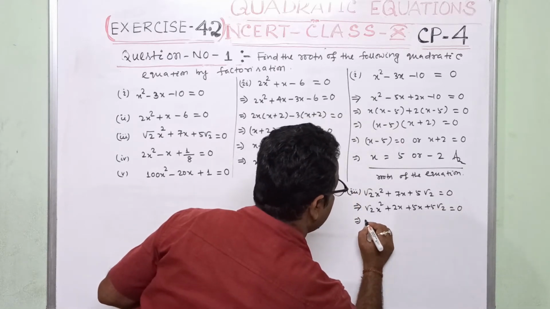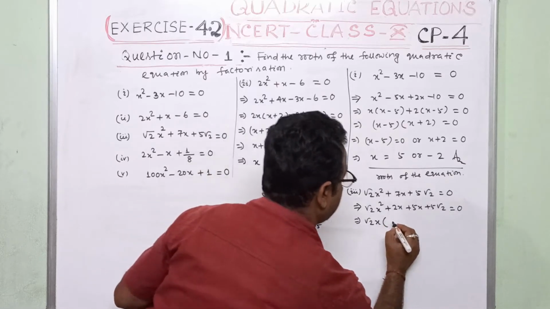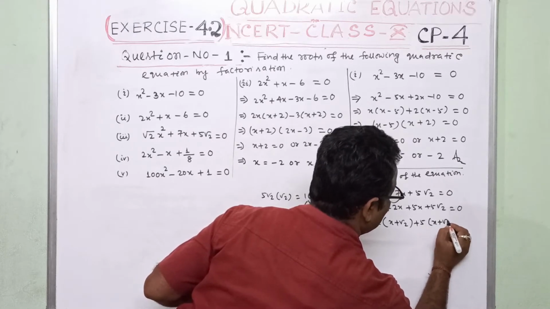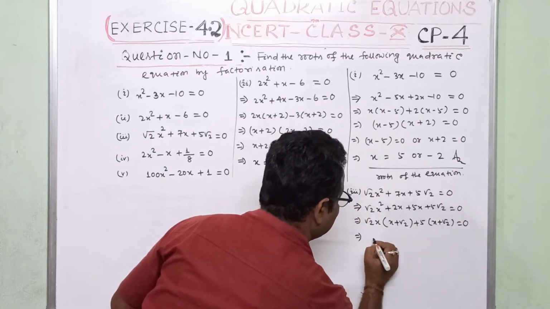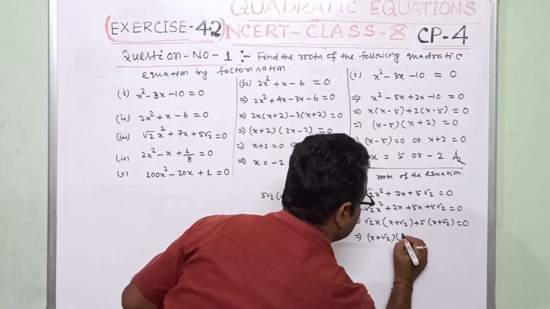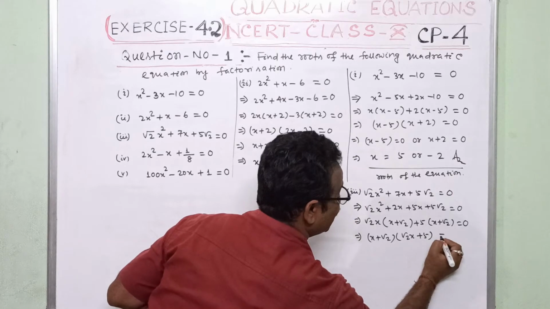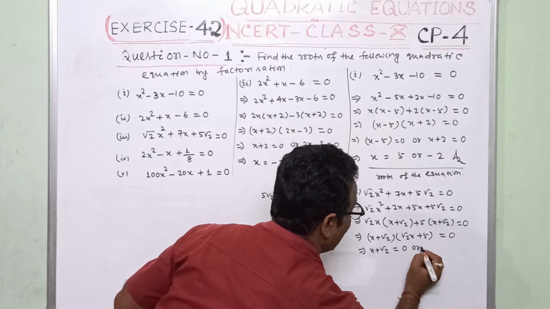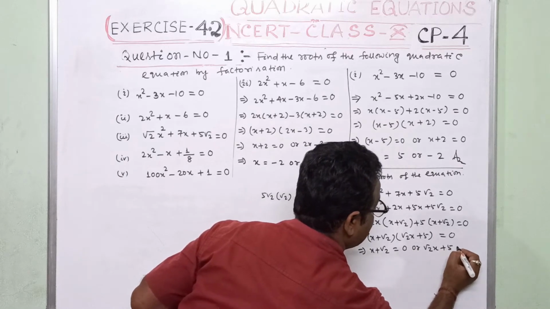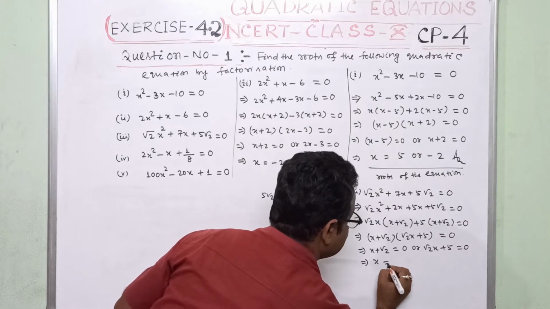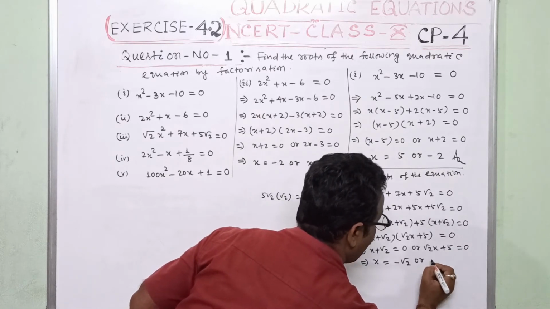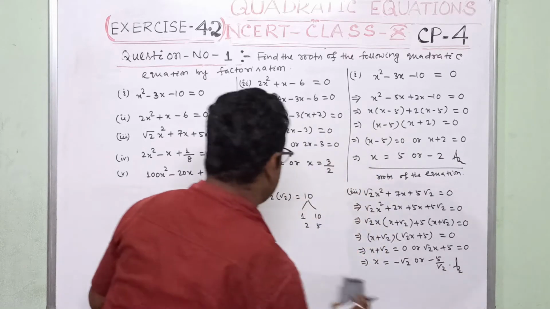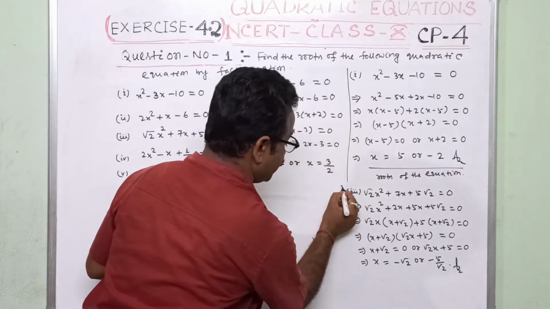That implies root 2 x common, x plus root 2, plus 5 common, x plus root 2 is equal to 0. That implies x plus root 2 into root 2 x plus 5 is equal to 0, so x plus root 2 is equal to 0 or root 2 x plus 5 is equal to 0. That implies x is equal to minus root 2 or minus 5 by root 2. Answer.